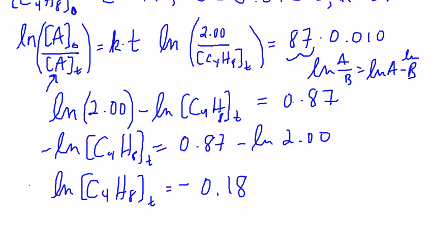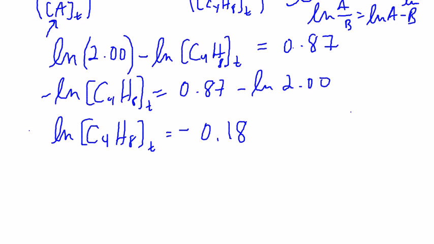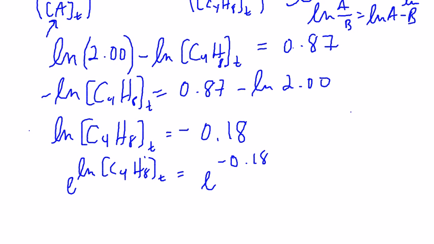Now, in order to undo the natural log, we raise both sides to the e power. So e to the natural log of C4H8 at time t is equal to e to the negative 0.18. E to the ln of x is equal to x. So therefore, e to the ln of C4H8 is equal to the C4H8 concentration at time t.